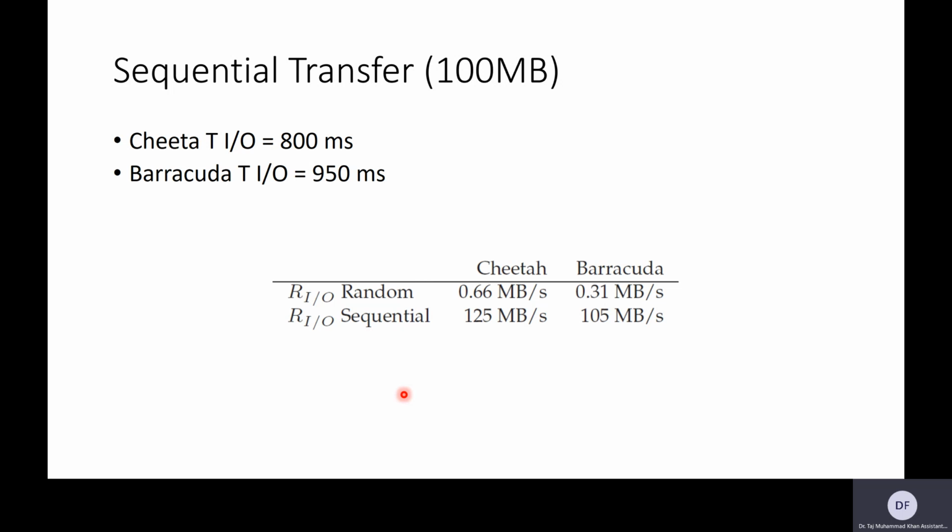We considered two types of workloads: one in which we are doing very small transfers on the hard disk, and the other where we are doing very large transfers.